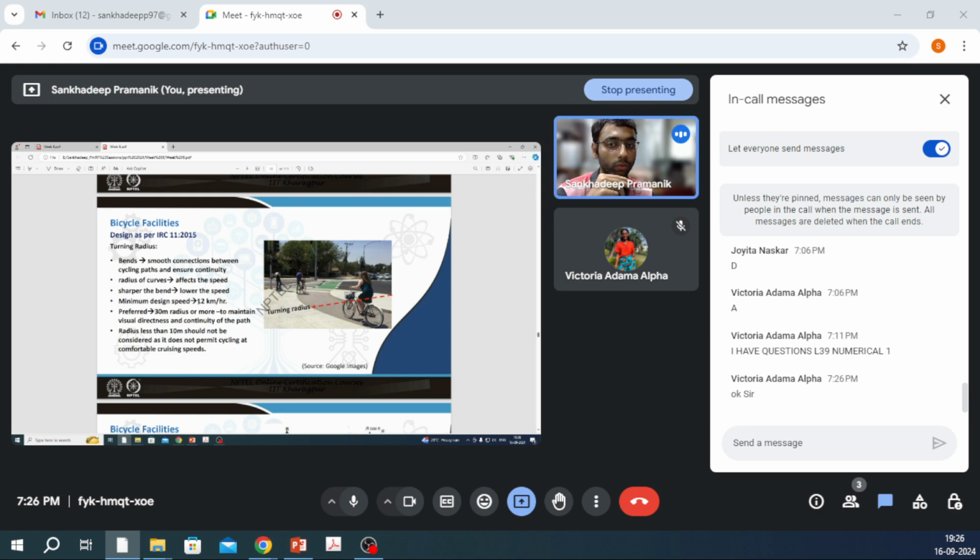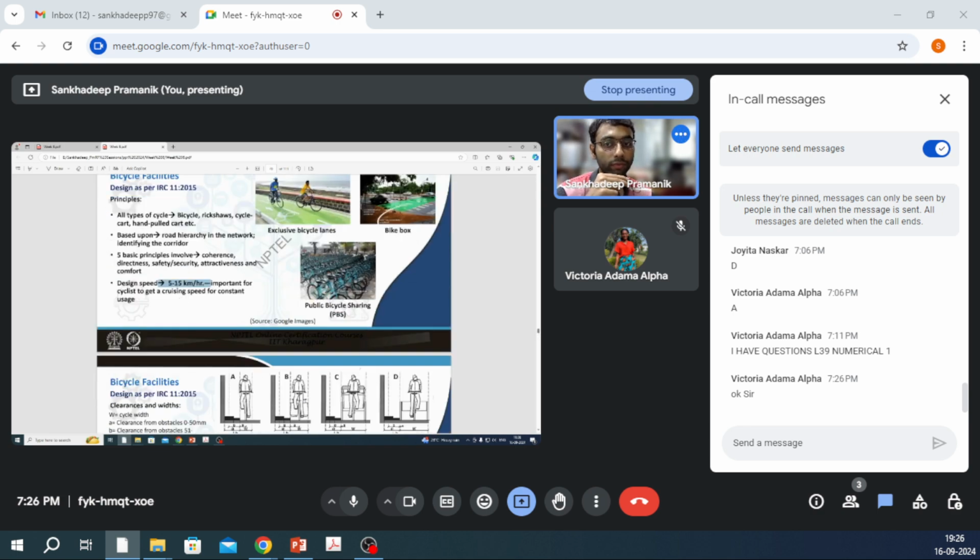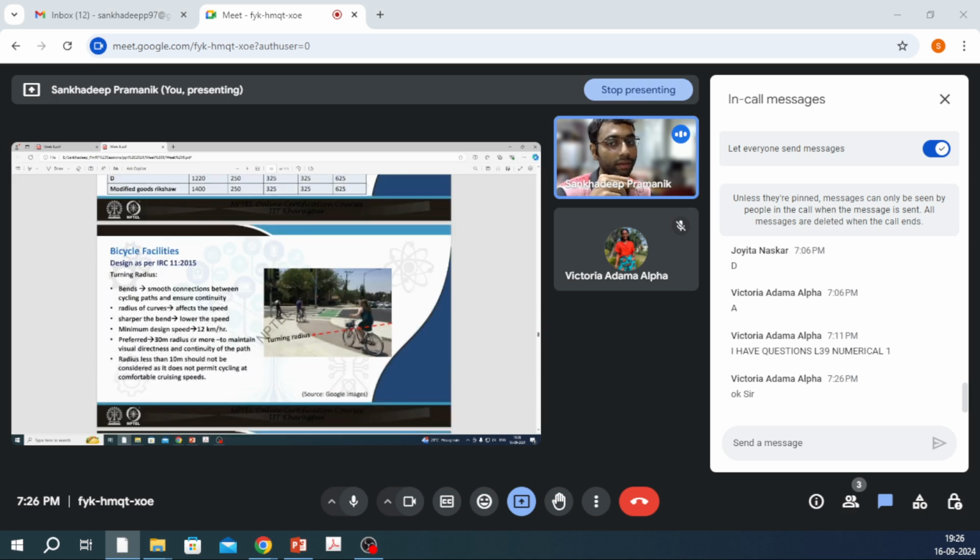Since 15 kilometers per hour is our provision for design speed, if a person is coming at 15 kilometers per hour and suddenly meets a sharp turn, they may not be able to negotiate at 15 kilometers per hour. They may have to reduce the speed.